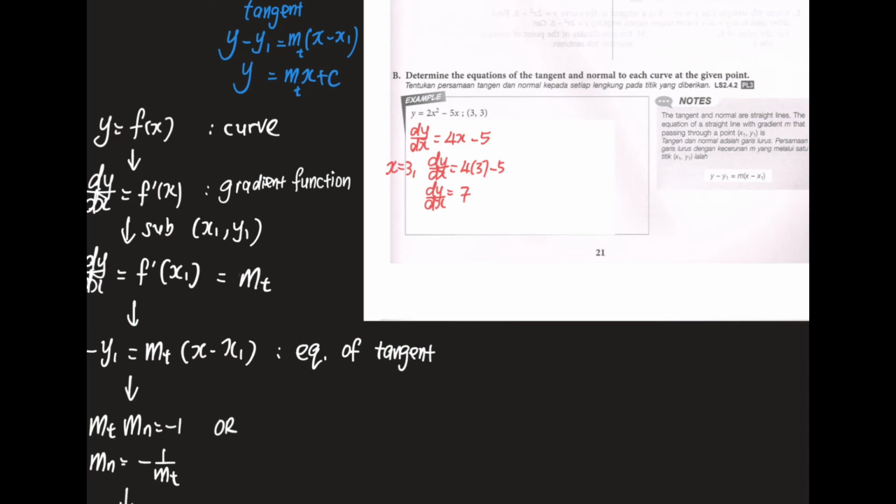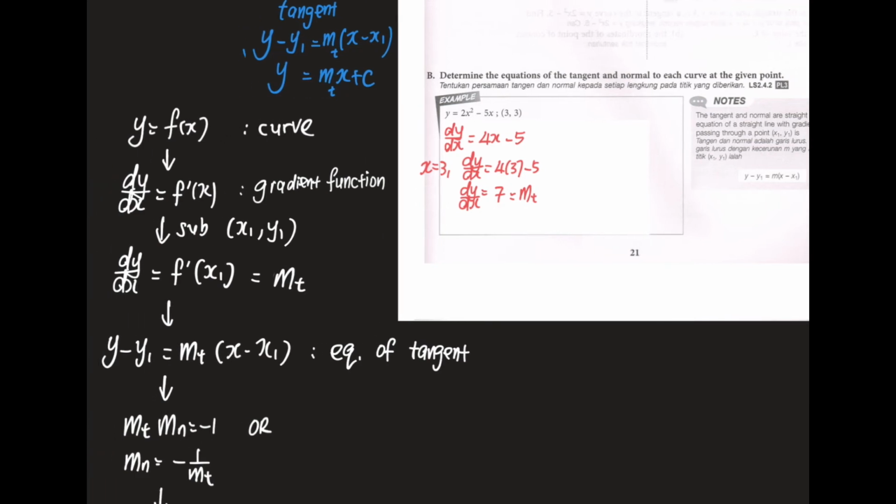After you substitute, we don't call it gradient function, we call it gradient of tangent, not gradient of normal. So I just write it down here, gradient of tangent.